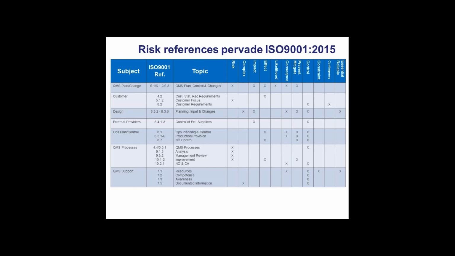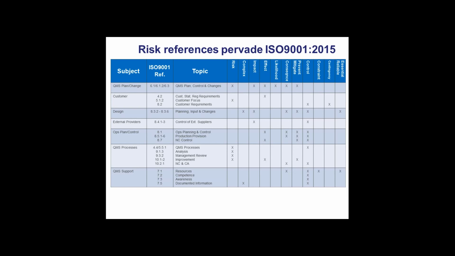What I really want to draw your attention to is the terminology in that first row on the right-hand side. We have terms like risk, complex, impact, effect, likelihood, consequence. These are all terms linked to risk. And as you can see, the standard is peppered throughout with references to risk.